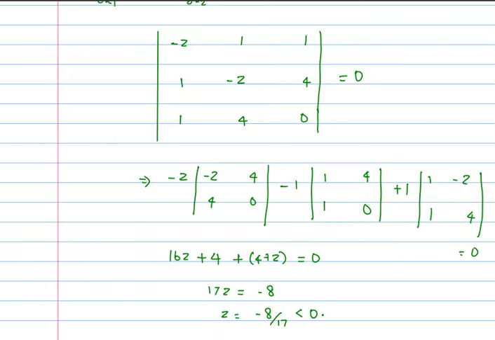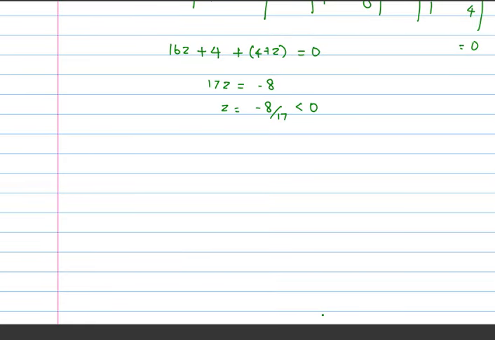This is less than 0. So the Hancock condition says: whenever z is negative, the corresponding stationary points are relative maxima. If z is greater than 0, they are relative minima.